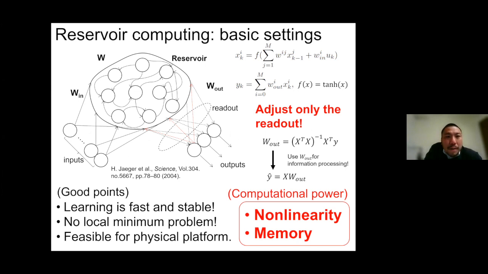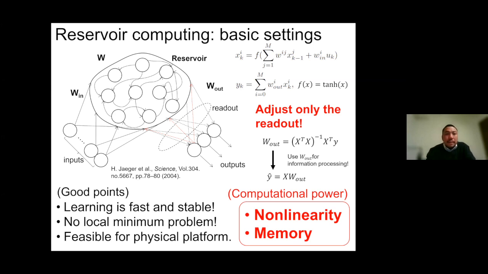Simply saying, reservoir computing is the framework for recurrent neural network training. As you may already know, to train a recurrent neural network, you use the backpropagation through time method, and usually you tune all the weights inside the network. But in the reservoir computing approach, we don't tune all the weights. We adjust the readout part only.